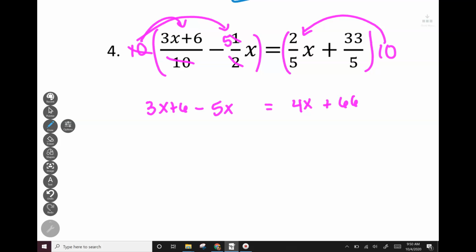Okay, much easier equation to solve now. So let's combine like terms on the left-hand side. So that's going to be a -2x. And then we'll move everything that has an x to one side. So subtracting my 4x.